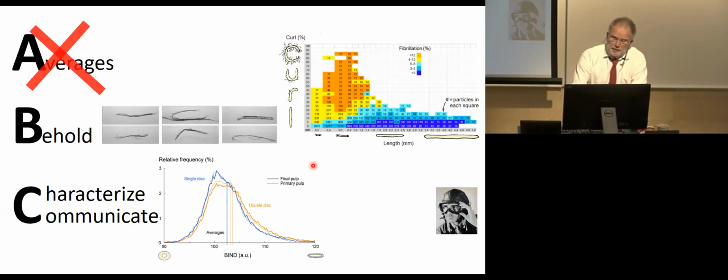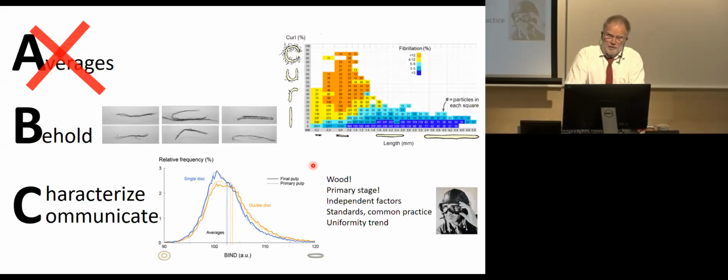And what we can do then is, to summarize, wood, the raw material, is extremely important, known before, but even more, you must go and take those samples before a step. Primary stage, very important. Independent factors: strongly realize that then you can even go and try to optimize the system because they are really independent. You can play with them. And stand-ups and common practice: put questions.